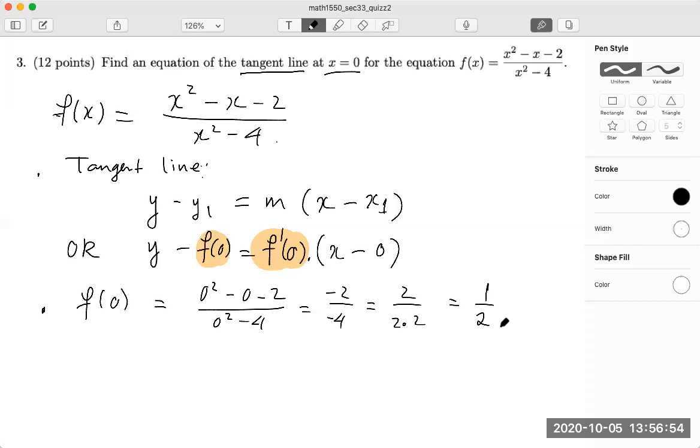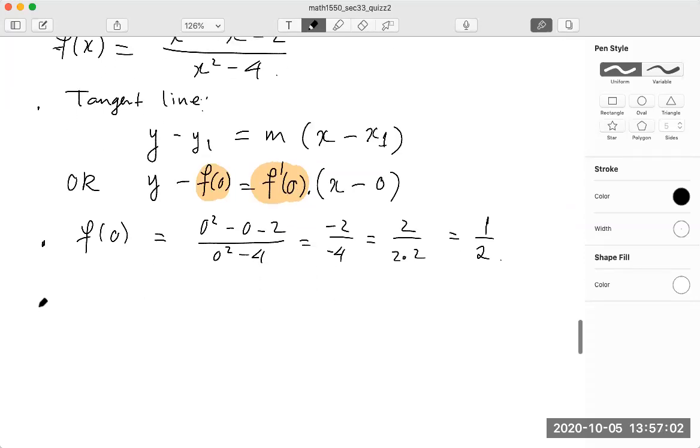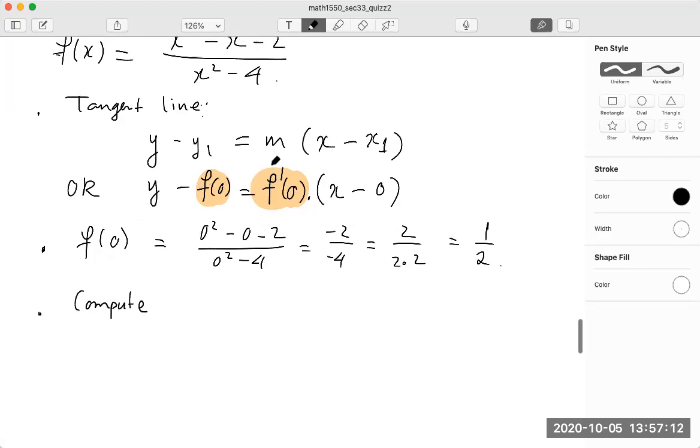So we have this value already, and we need to compute the derivative of the function, right? So let us do it. So the 1/2 is the slope? Oh no, this 1/2 is the value of that function at this point, 0. Okay, got it. It's not a slope yet. But thank you for your question.